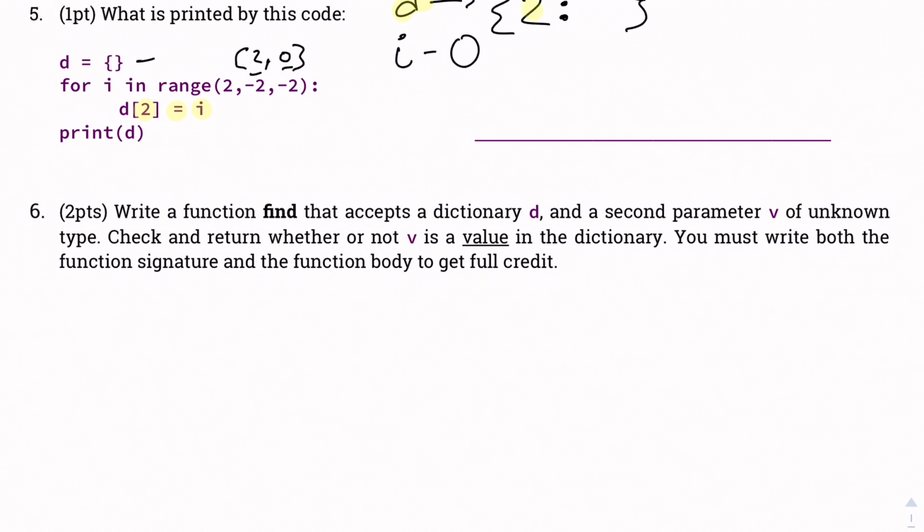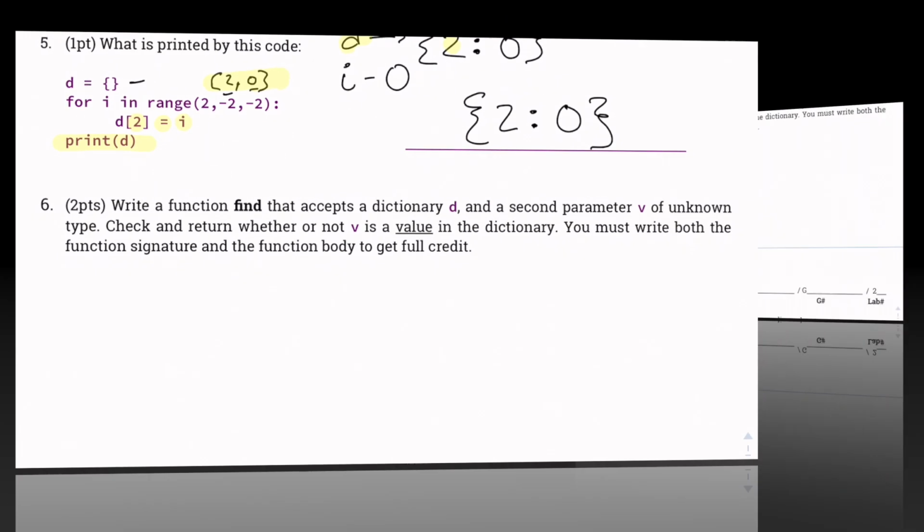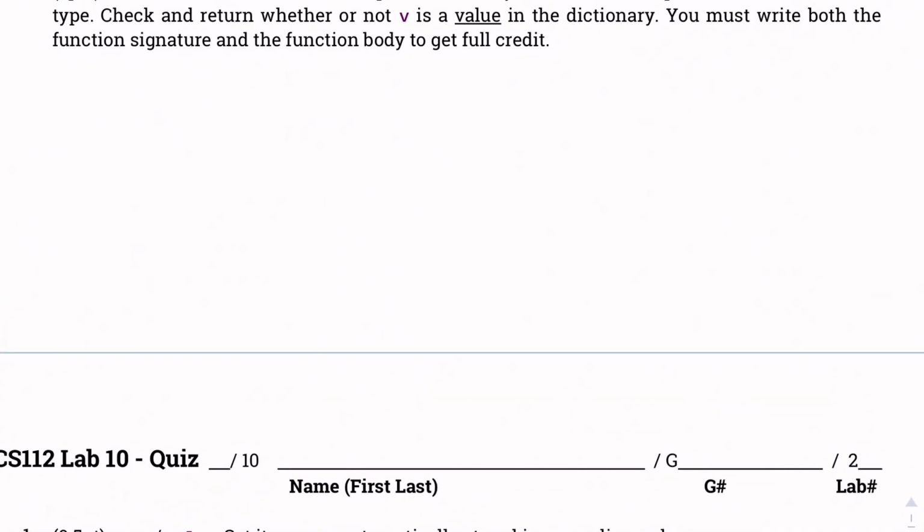It used to be 2, now it's 0. So when I exit this loop, because there's no more numbers to work through in this range, we print D. What is D? It is exactly this dictionary, 2:0.